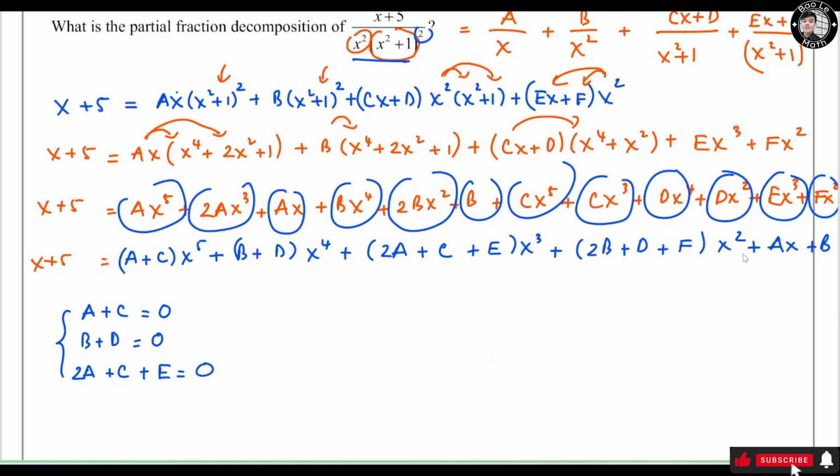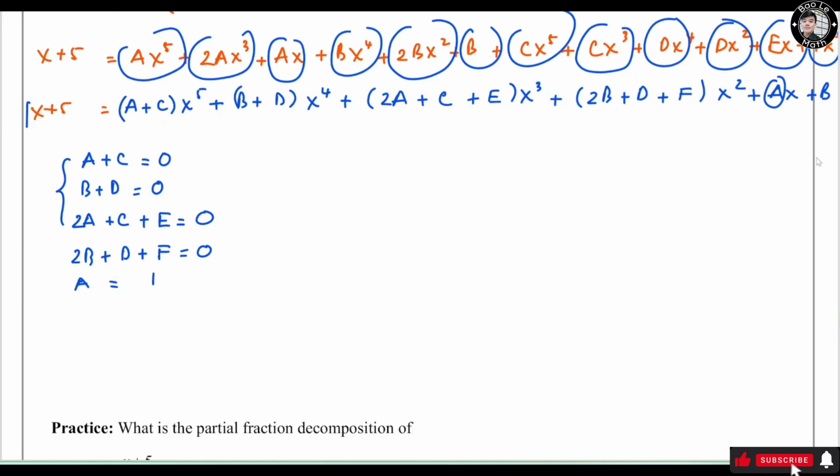Again, we don't have the coefficient of s squared, so 2b plus d plus f equals 0. We have the coefficient of s, so a equals 1, and the last one, the constant, b equals 5.